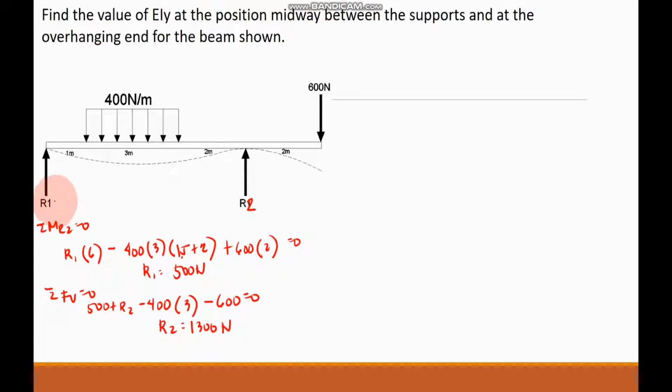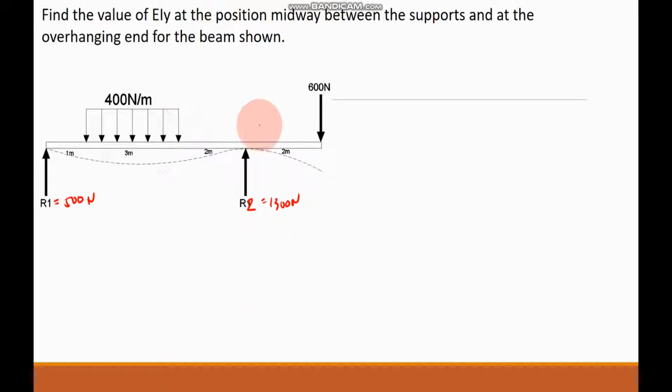Yan, meron na tayong values ng R1 and our R2. The next step is to place a cutting section between, so let's say this is A, B, C, D, and E. So, between D and E, we have here cutting section. So, isolate ko lang. So, we have here 500 Newton.